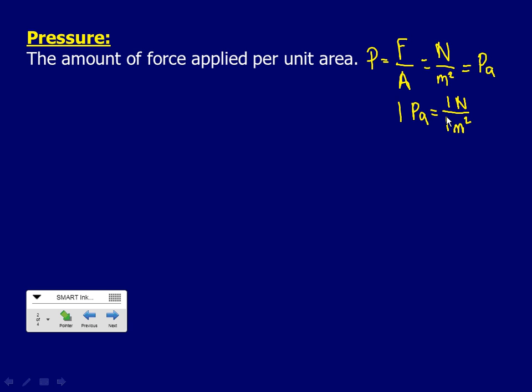So a big area means low pressure, but a small area would result in high pressure for the same force, okay? Now that's just the physical meaning of pressure. I haven't talked anything about gases yet. That's just pressure. It's how much force is being spread over a particular area.